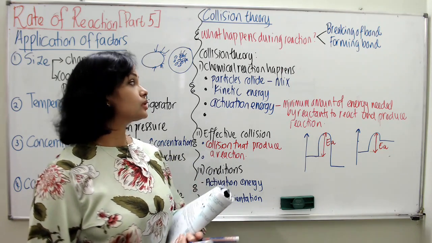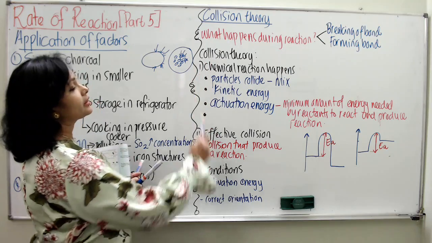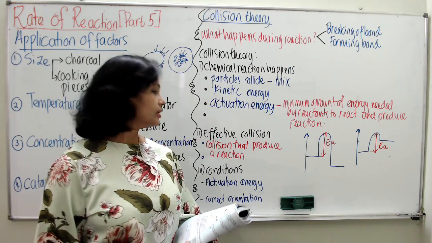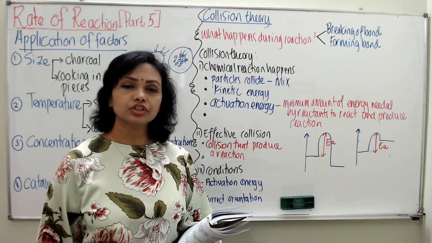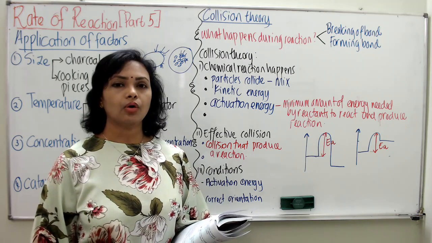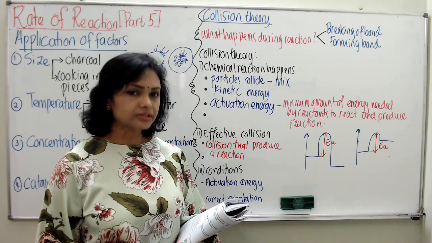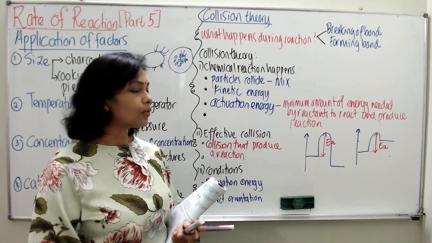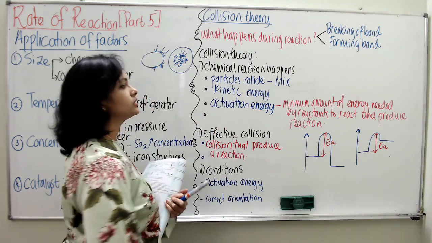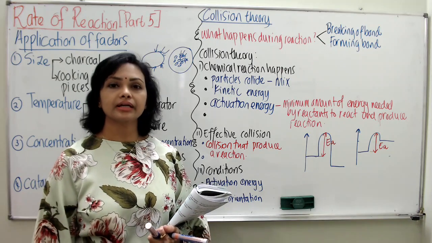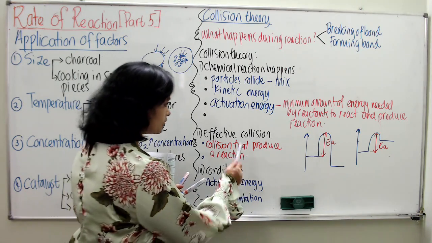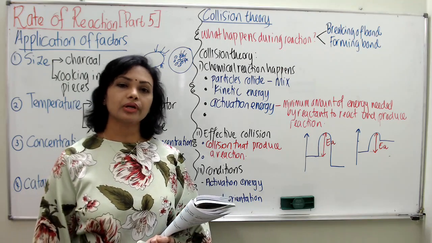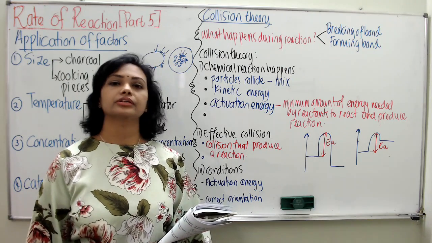That is the reason why, when you are explaining collision theory, please remember that effective collision is important. Like how I said, activation energy is important when you are explaining collision theory. Now, effective collision is important when you are explaining collision theory also.